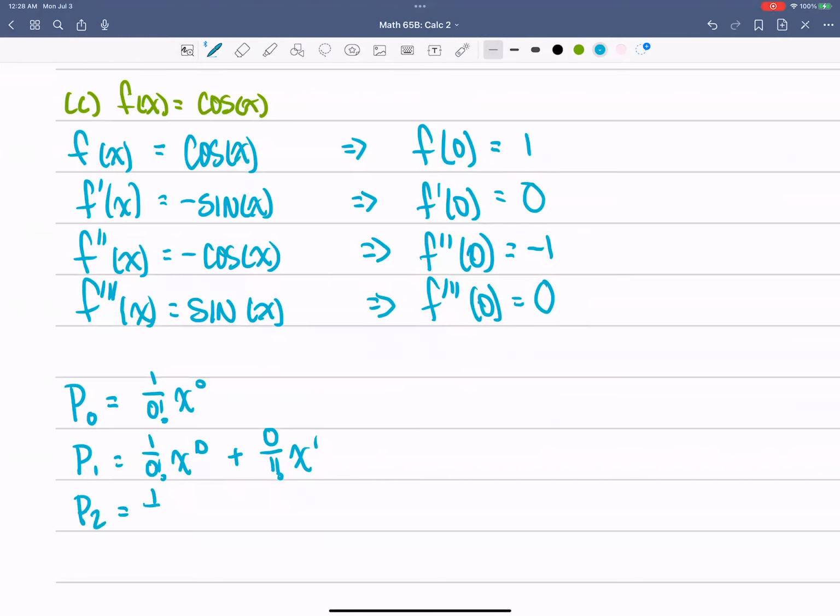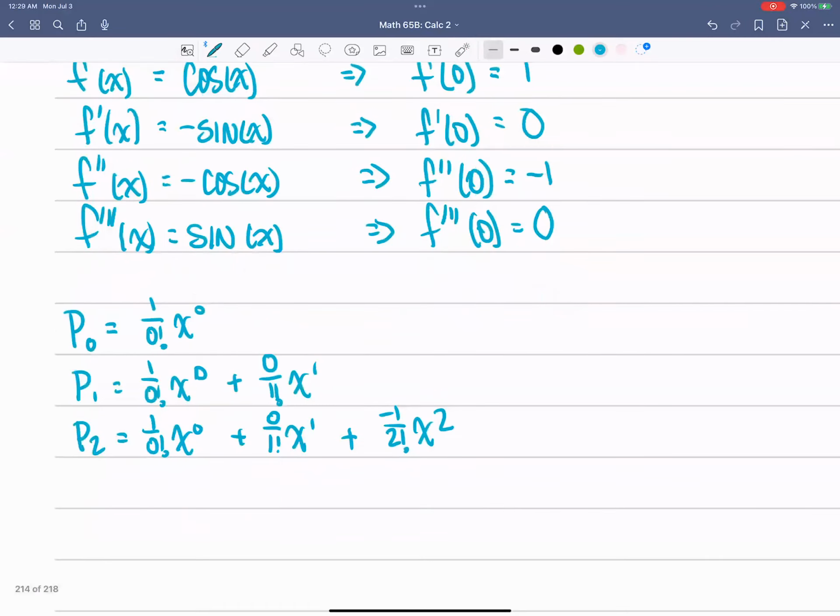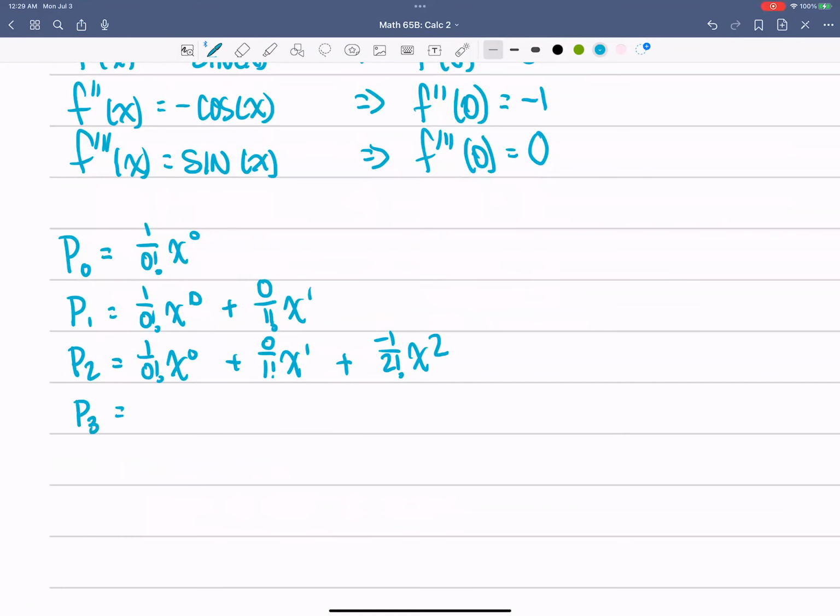P2 is equal to 1 over 0 factorial, x to the power 0, plus 0 over 1 factorial, x to the power 1, plus the next one is going to be negative 1 over 2 factorial, x squared. And the last polynomial that we're going to look at before we come up with the rule, and lastly 0 over 3 factorial x cubed.